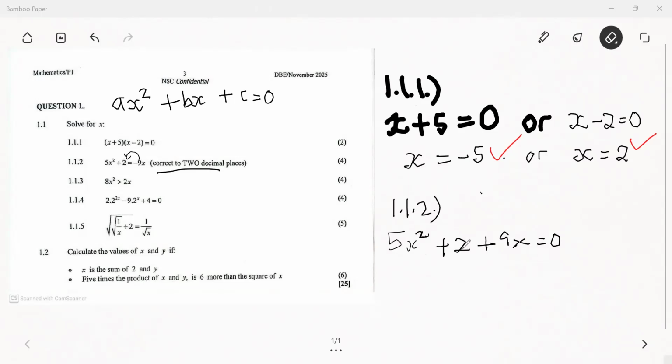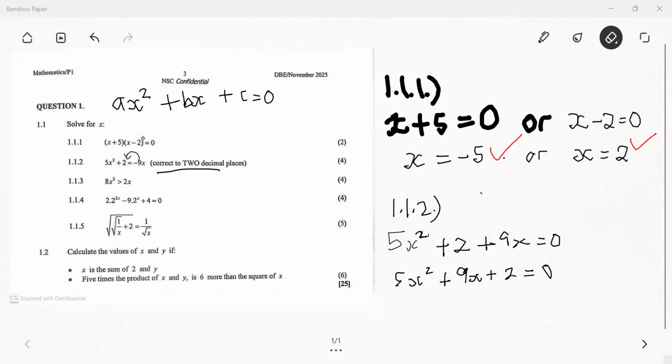Okay, you can now rearrange this and put it in standard form. It's 5x² + 9x + 2 = 0. Now, you could try and find factors of 5 and 2 and do it in the normal factoring way. You won't find those solutions.